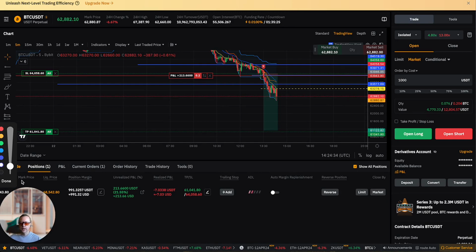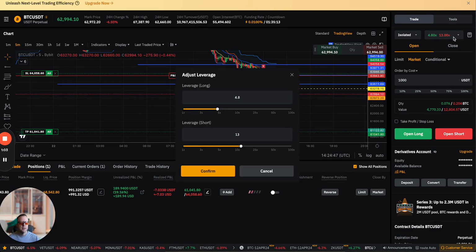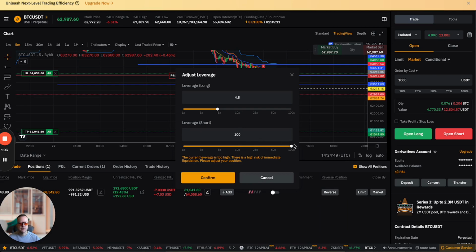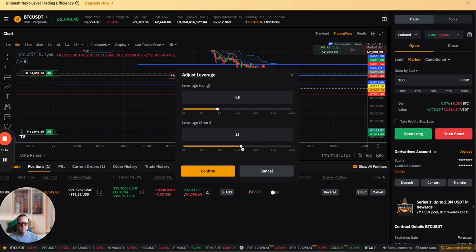So another interesting thing I can do if I feel safe, and let's say I protect this money with a stop loss, I can increase my available balance by increasing the leverage on this trade, right? It won't show it, but I can basically free up a significant amount of my balance.